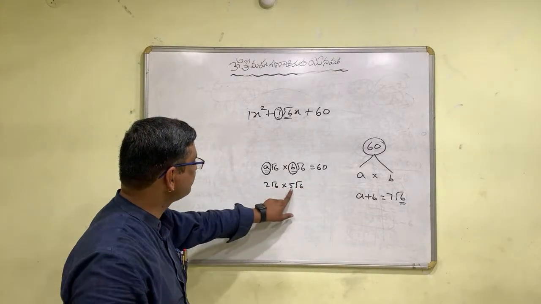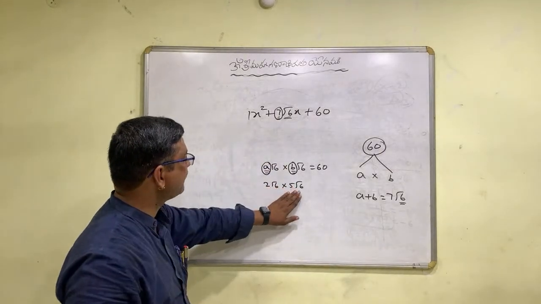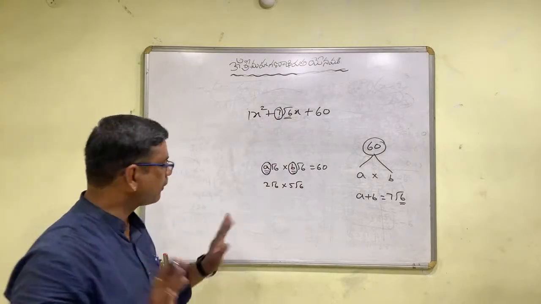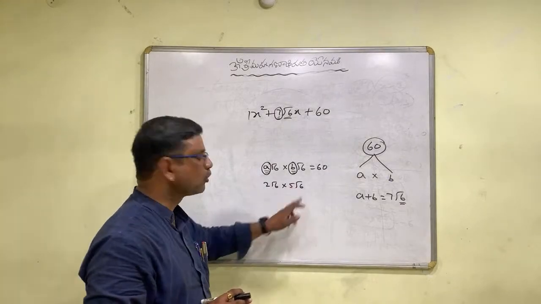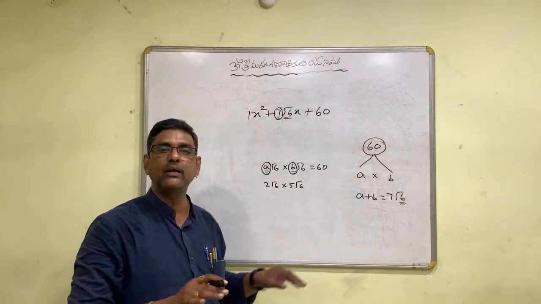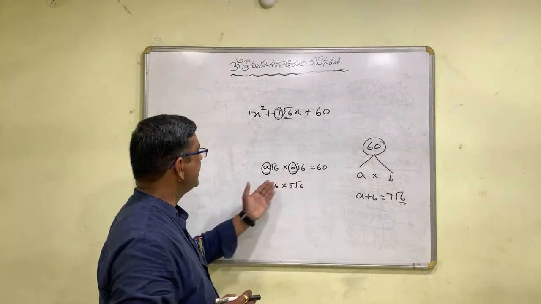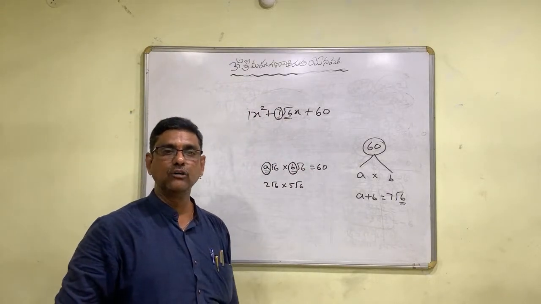See, 2 plus 5 is 7. So 2 root 6 plus 5 root 6 becomes 7 root 6. And the product: 2 fives are 10, root 6 into root 6 is 6, so 10 into 6 is 60. So a into b is 60, a plus b is 7 root 6. Like that we need to think.